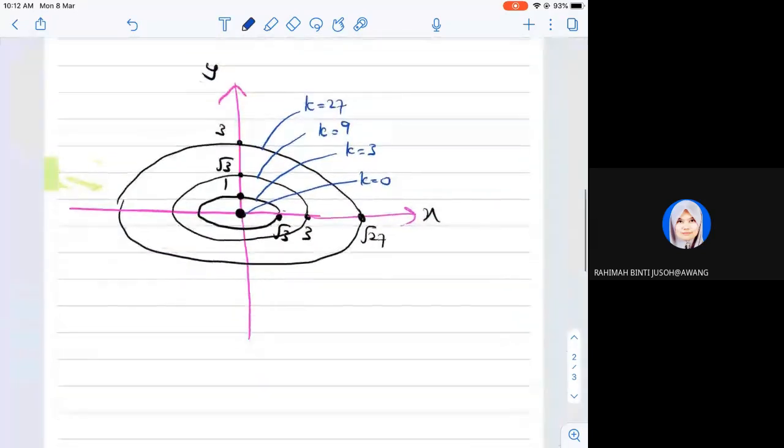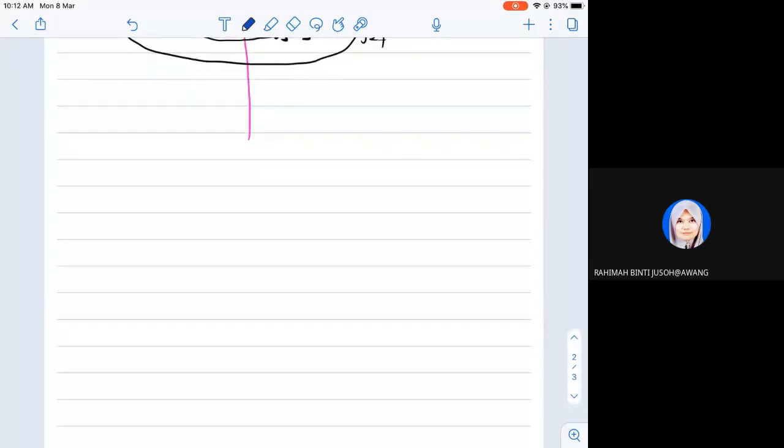Okay. Second example. Example 2. Tadi kita buat quadratic. Right now I want to change into straight lines. Okay, example 2, construct a contour map for the given function.